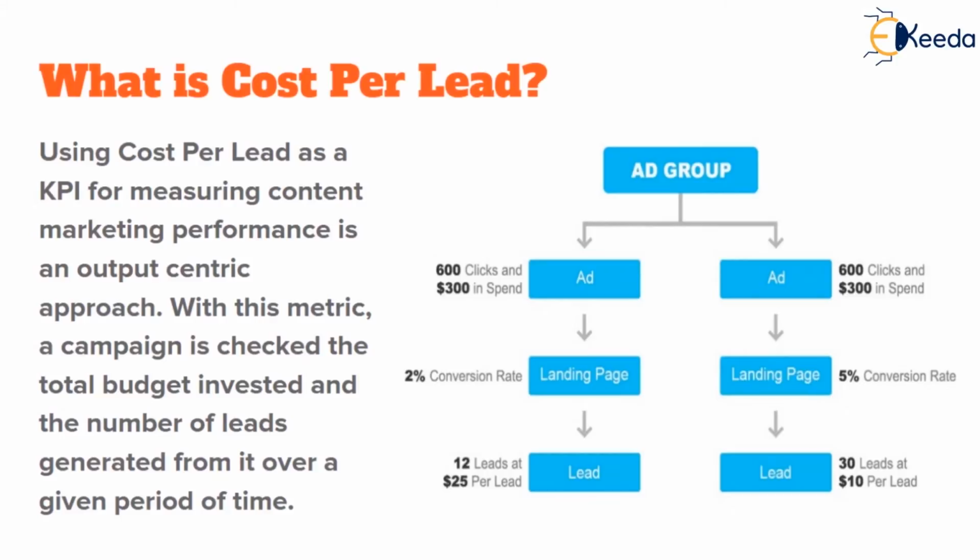Now, the ad was invested in at the same amount. So $300 were invested for ad 2 as for ad 1. Just because the landing page performance changed, just because the number of leads captured changed, suddenly the cost per lead comes down to 300 divided by 30, which is $10 per lead.